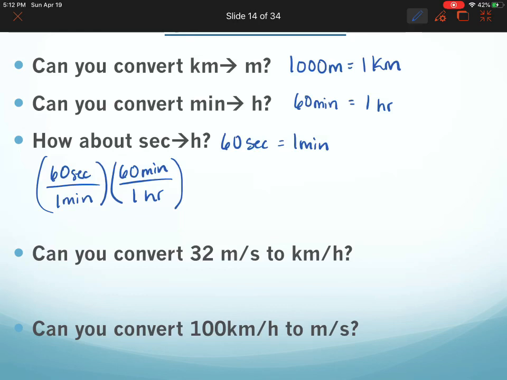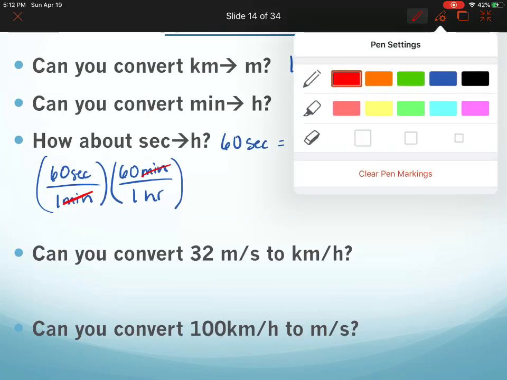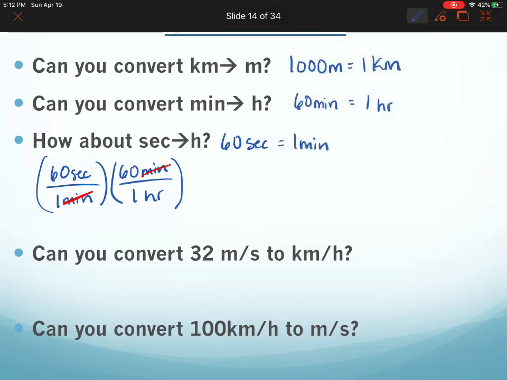With two conversions like that, really important here, just notice that the minutes and the minutes are on the top and bottom. That's giving me the conversion from seconds to hours. And what that gives me is 3,600 seconds for every 1 hour. That's a really important one to know, 3,600. Just remember it's 60 times 60 is all it is.